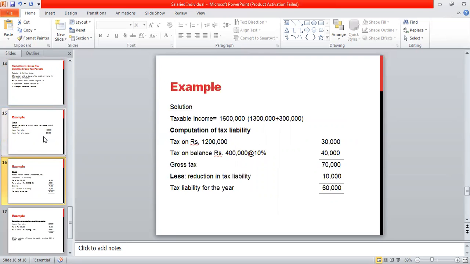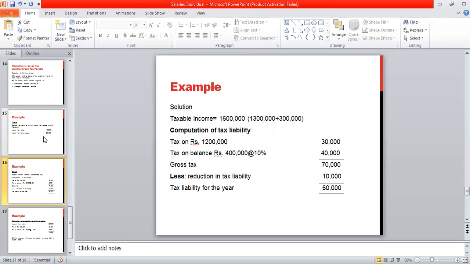So tax on rupees 12 lakh, as I said, 30,000 is compulsory with 12 lakh, and on the subtracted amount, tax on balance rupees 4 lakh, we calculate 10% on the amount, 40,000, total is 70,000. Now gross tax is 70,000 less reduction in tax liability 10,000, total tax liability for the year 60,000.